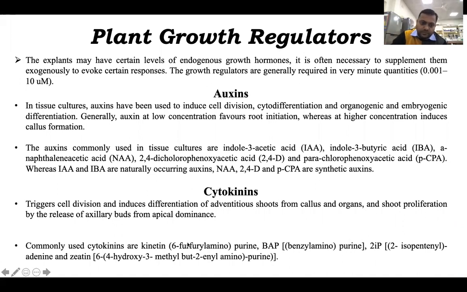Now, the commonly used cytokinins are kinetin and BAP, benzyl aminopurine. 2-IP and zeatin are not that commonly used. We mainly use kinetin and BAP.